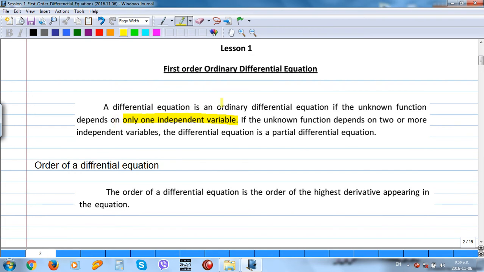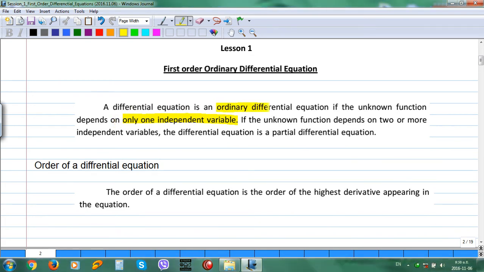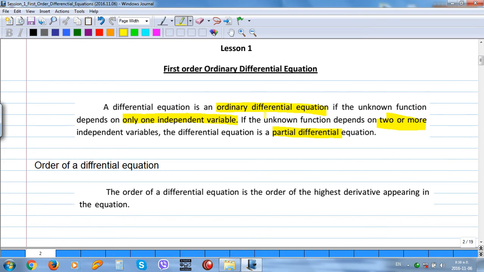If the unknown function depends on two or more independent variables, then that differential equation is a partial differential equation. That is the difference between ordinary differential equations and partial differential equations.